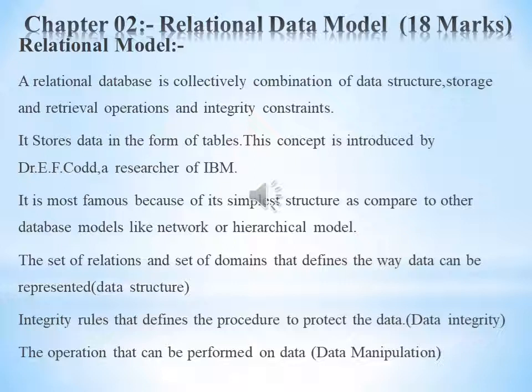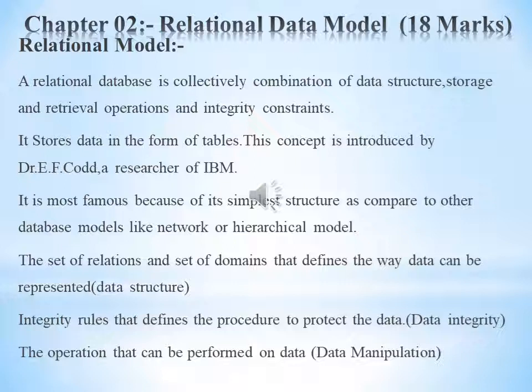A relational database is a collective combination of data structure, storage and retrieval operations and integrity constraints. It stores data in the form of tables. This concept was introduced by Dr. E.F. Codd, a researcher at IBM.